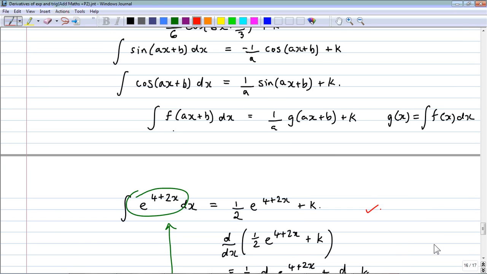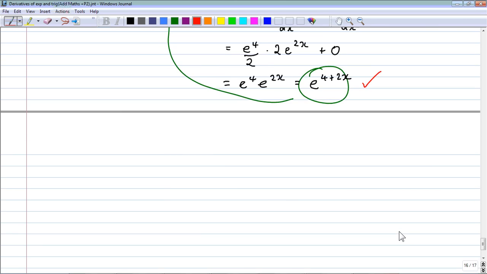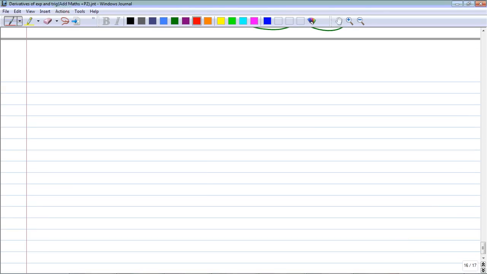Okay, so you can see all these ideas follow the same basic pattern. But I want to give you a big warning. Don't try and apply this principle in this case.